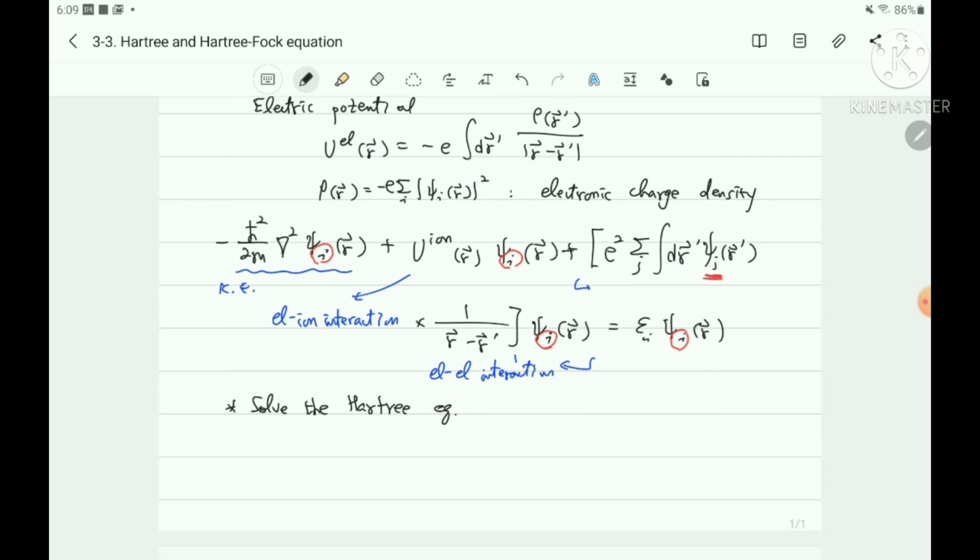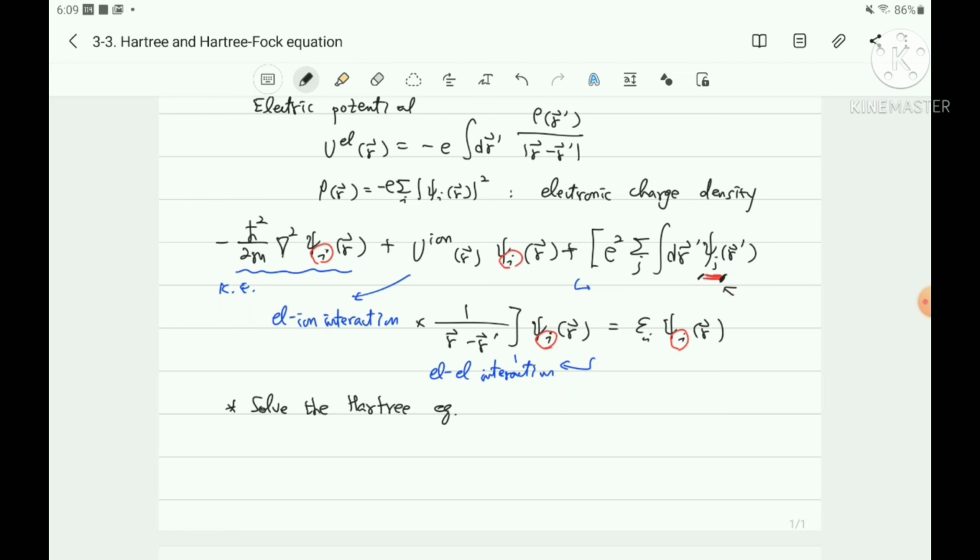Suppose that we know psi j; actually we do not know it exactly, but let's suppose that we roughly know psi j. Then, inserting psi j, we can calculate exactly by the eigenvalue problem.